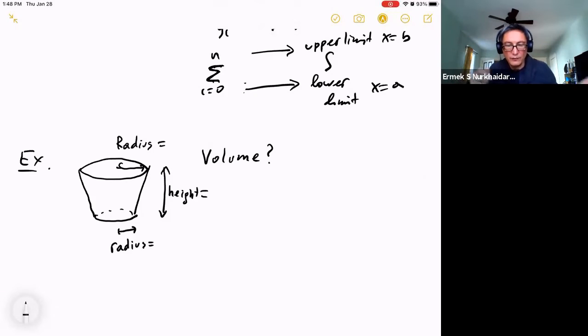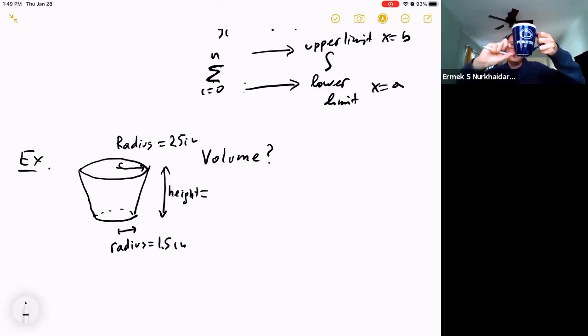So the radii will be 1.5 and 2.5 inches. And height, again my guess is about 6 inches. And we want to calculate the volume of that cap.